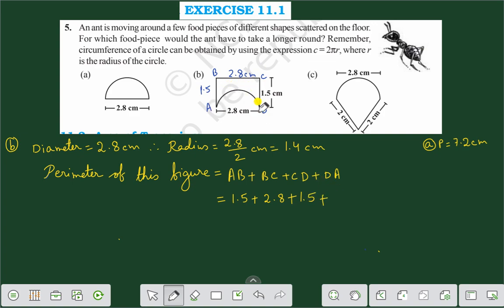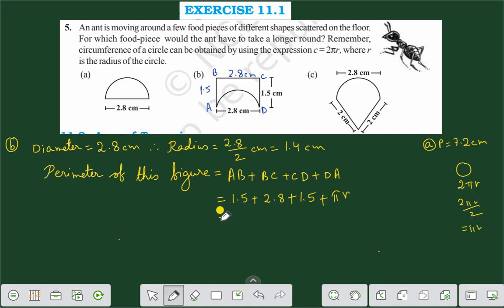This is semicircular. We know that the circumference of a circle is 2πr, and half of that is 2πr by 2, that is πr.